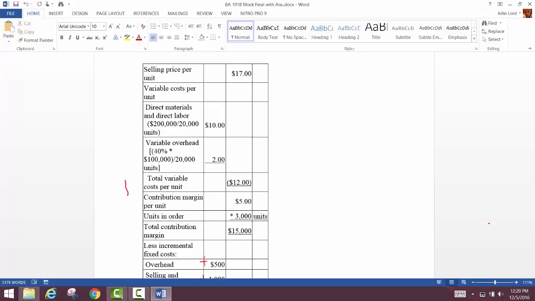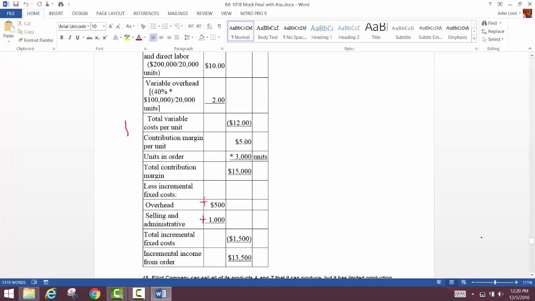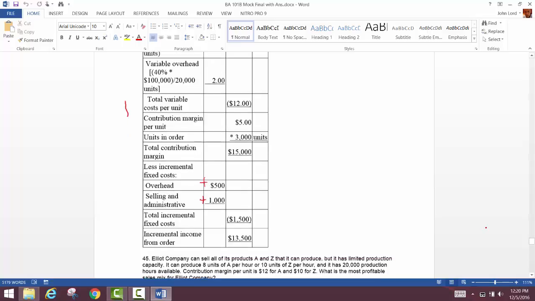Divide that by 20,000, that's the 2. And that gave us our total variable, and the contribution margin times the number of units. And then the last step was to subtract out the fixed cost associated with this project, and that told us we had an incremental income of 13,500.